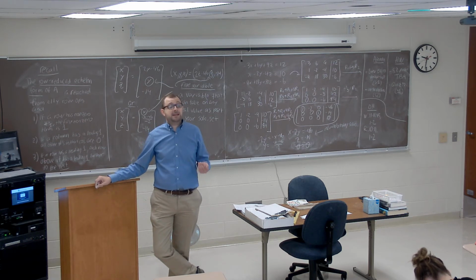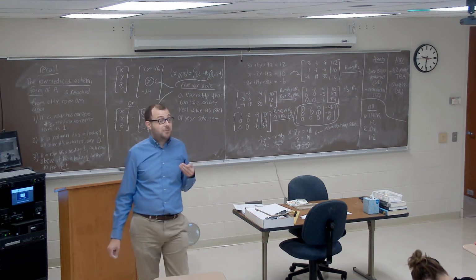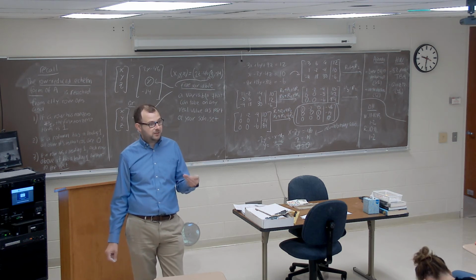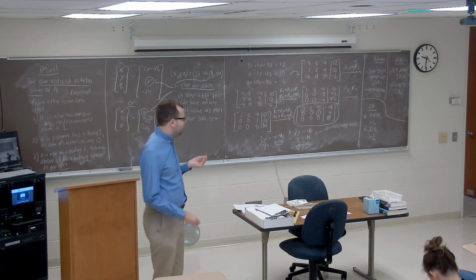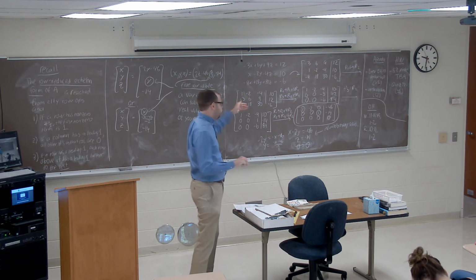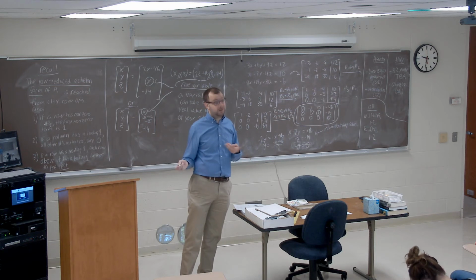The reason why I ask that is being able to take a matrix and put it in reduced row echelon form has a lot of value outside of just using it to solve systems of equations. It's definitely been the case so far that a lot of the systems that we've looked at, you don't have to go all the way to reduced row echelon form in order to be able to solve the system necessarily.